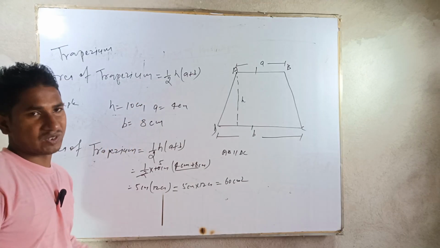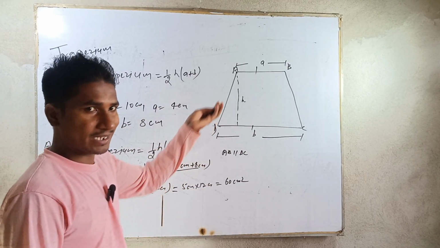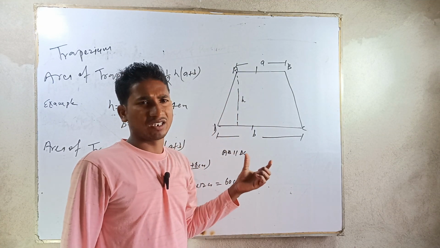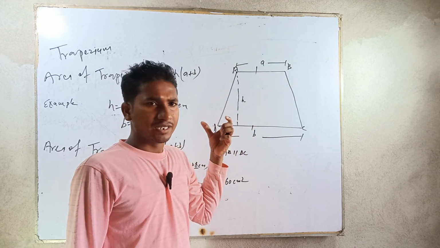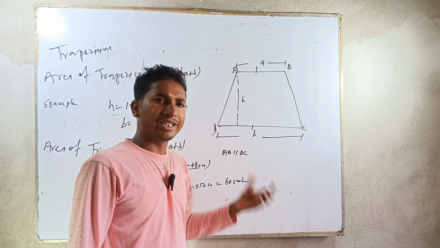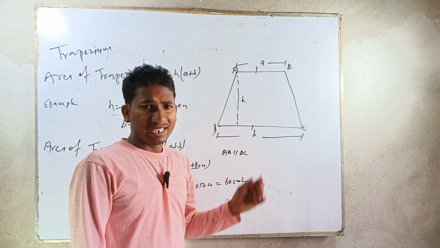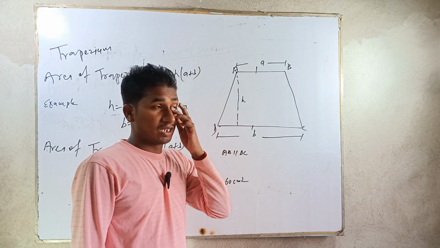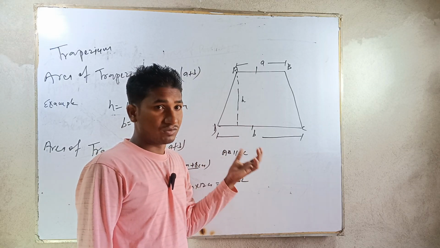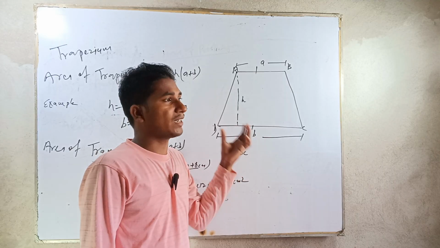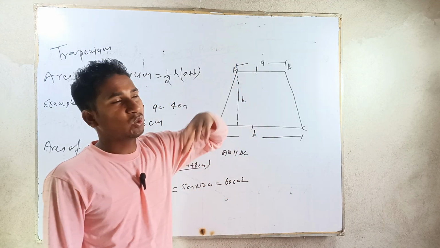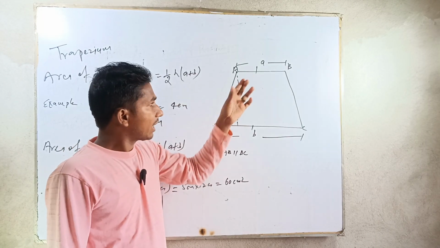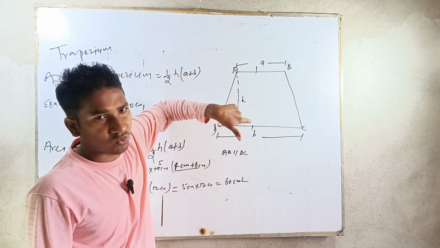By this process I can find any type of area of trapezium. So I explained that in quadrilaterals there are so many types of figures: square, rectangle, rhombus, parallelogram. So there are so many types of quadrilaterals, and you have to memorize which figure it is and what we call it.